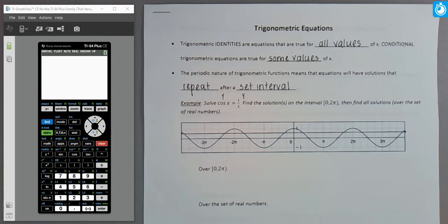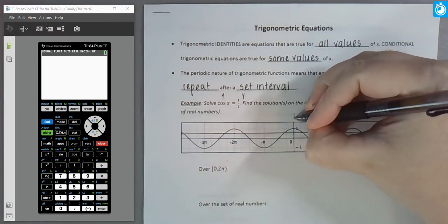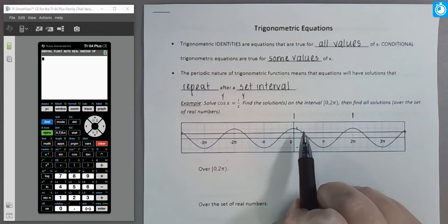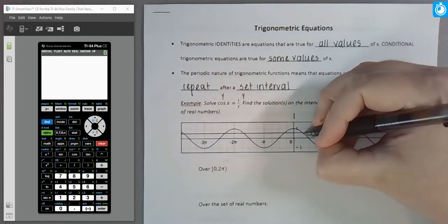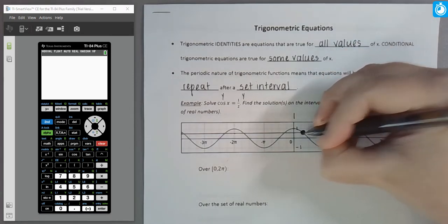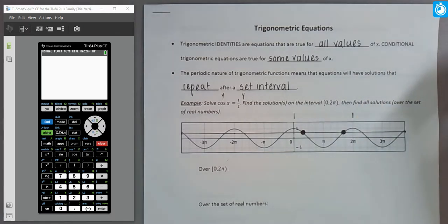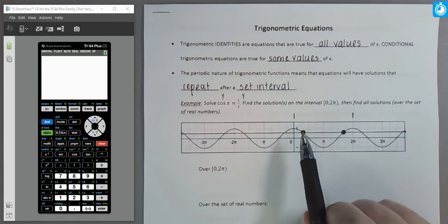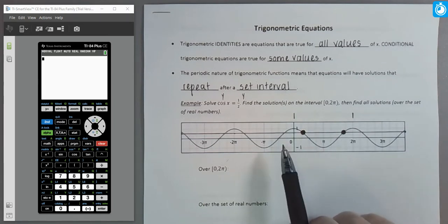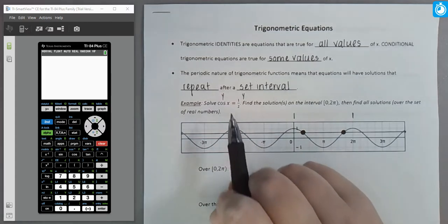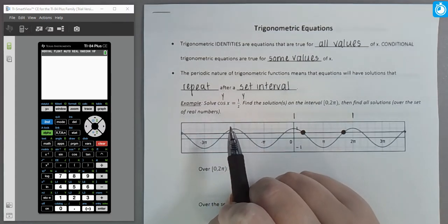So if we're just looking at the region from 0 to 2 pi, then you'll notice that these two graphs intersect in two locations. So we have one intersecting point and then another intersecting point there. Whatever x values, specifically whatever radian measures, are associated with those two locations, those will be the solutions to this equation.